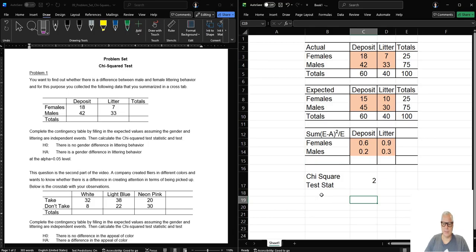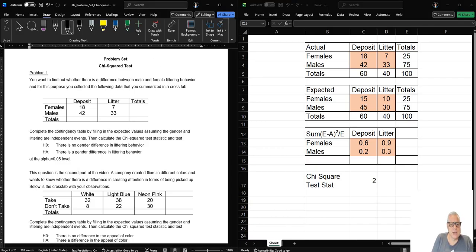And what we try to do is we have also a critical test statistic, and it actually turns out that the chi-squared distribution looks something like this.